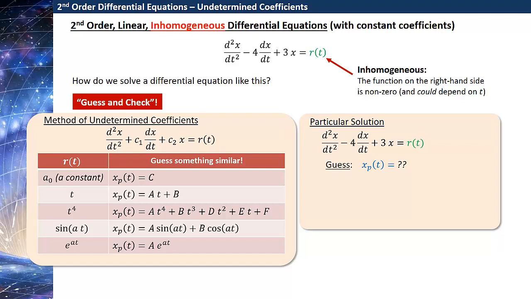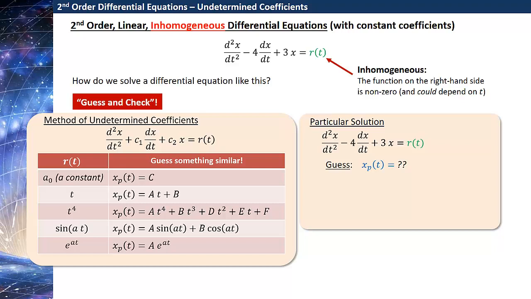If r of t is an exponential, e to the at, then I'm going to guess something that looks like e to the at, but with some undetermined constant out front. This is called the method of undetermined coefficients, clearly because these guesses involve undetermined coefficients, calling them a, b, c, and so forth, that we can determine by plugging the guess of the particular solution into the inhomogeneous differential equation and then solving for those undetermined coefficients.